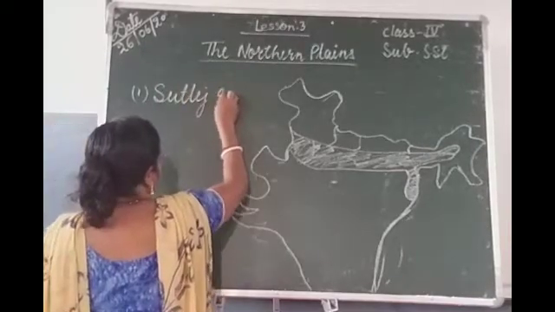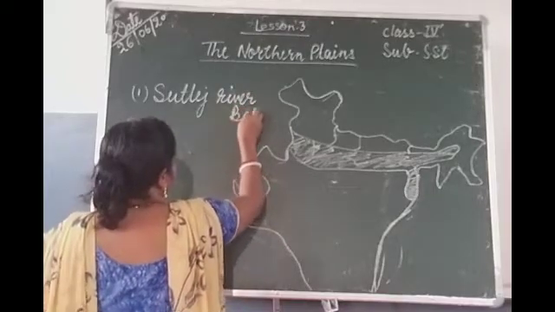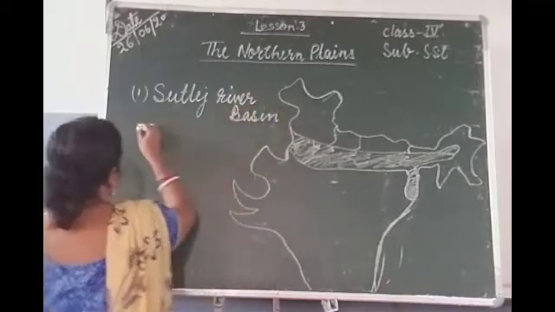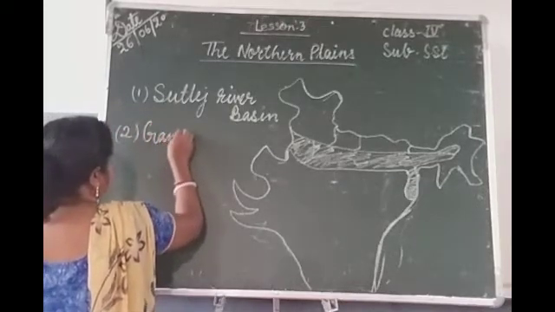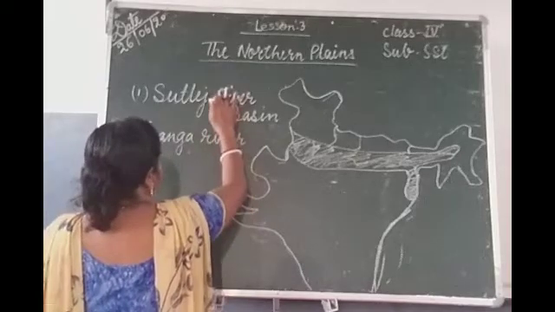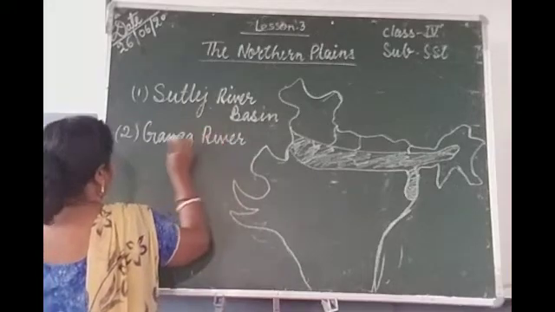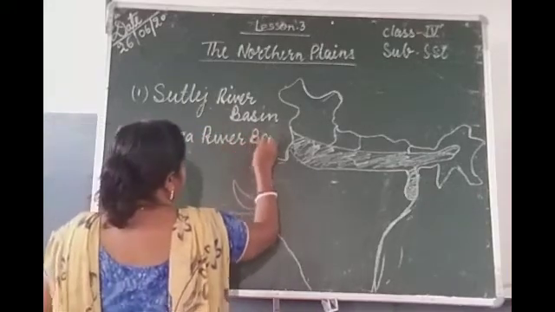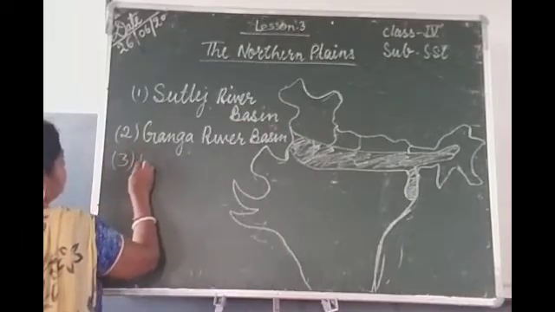Satluj river basin, Ganga river basin, and number 3 is Brahmaputra river basin.